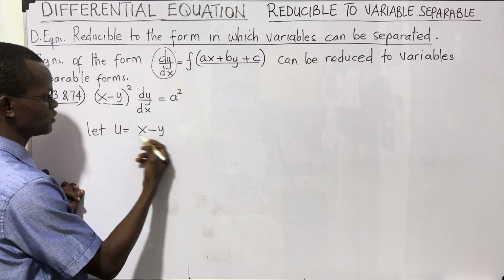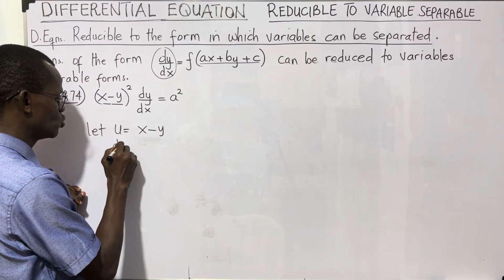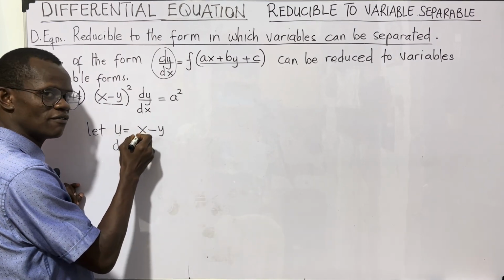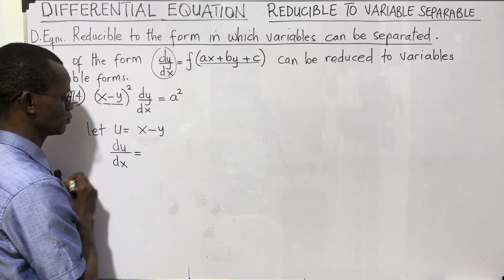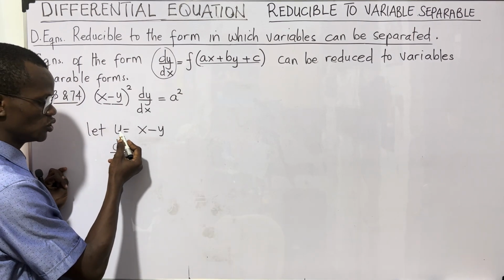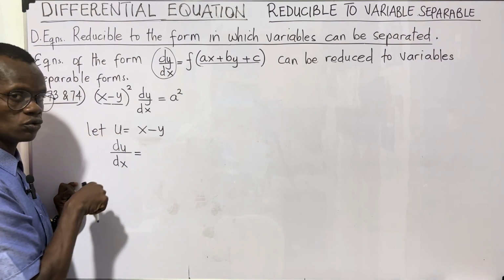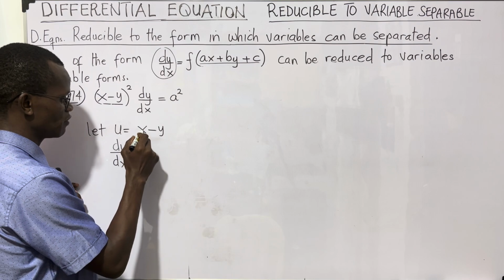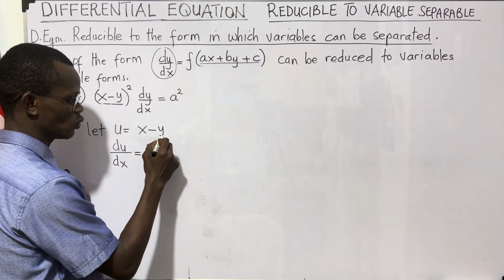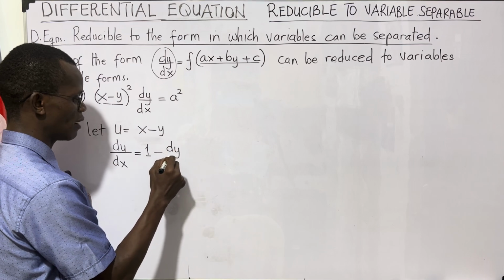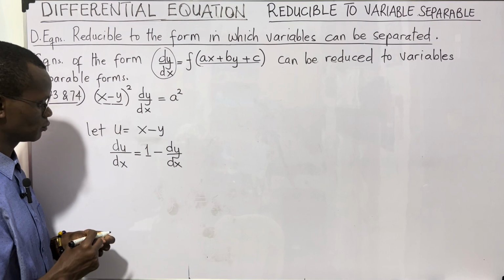Now we differentiate both sides with respect to the independent variable x. We have du by dx equals 1, since the derivative of x is 1, minus dy by dx, since y is a function as well.